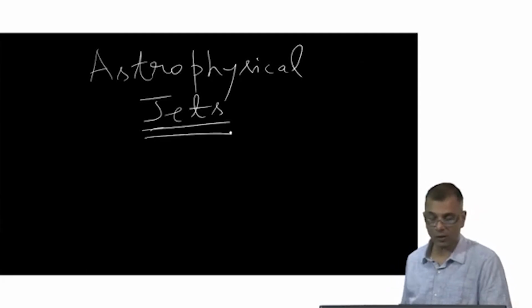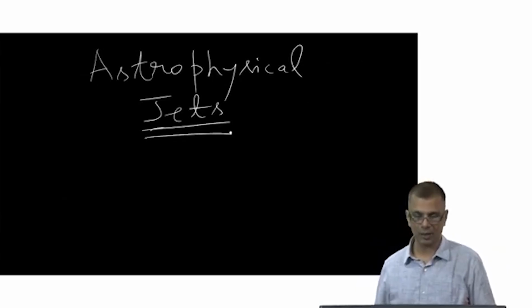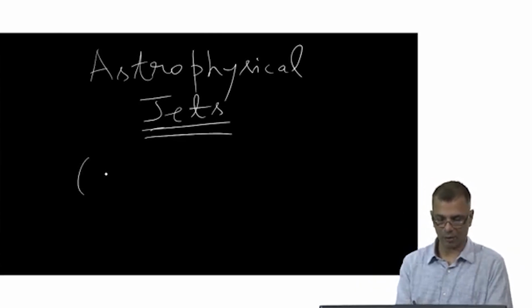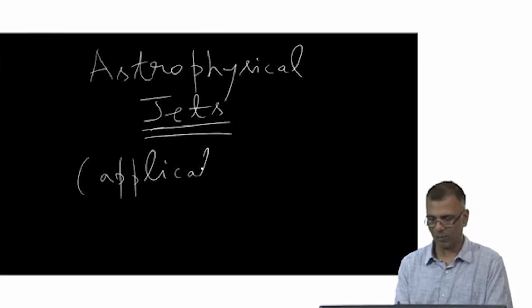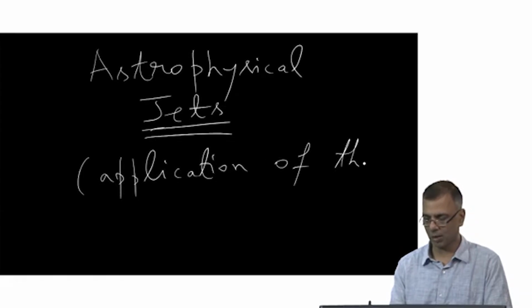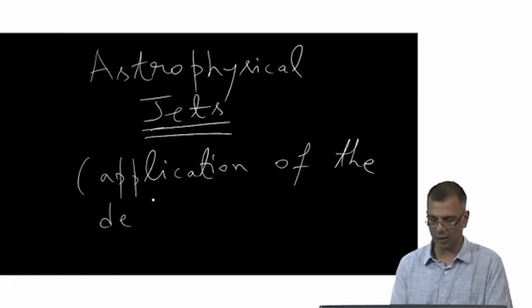Now, what are astrophysical jets? I need to show you pictures, right? And an application, I should say. It's not so much an application. The concept of a de Laval nozzle is nicely applied here. That's what it is.